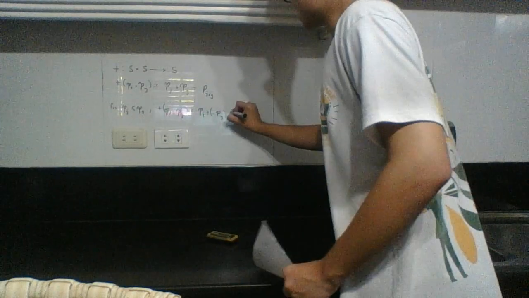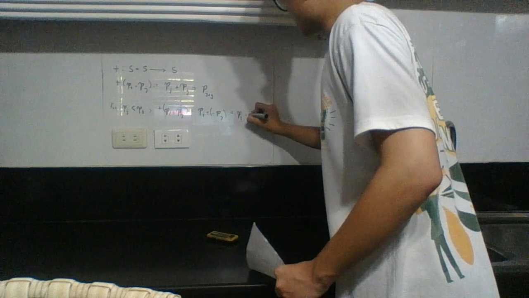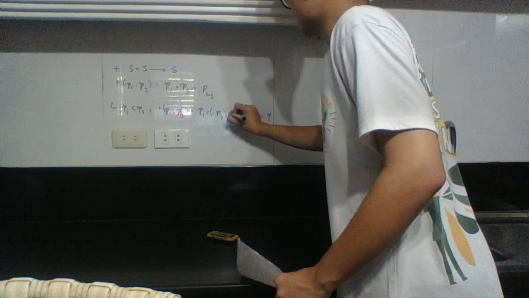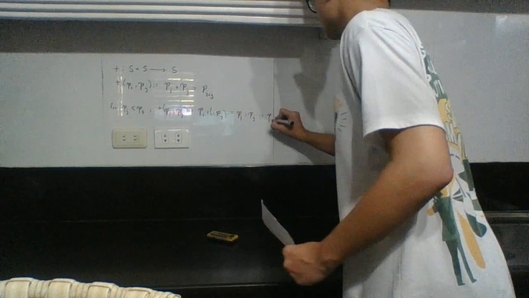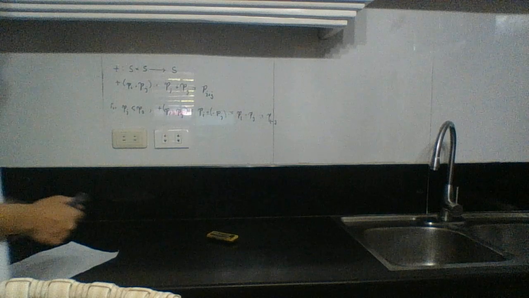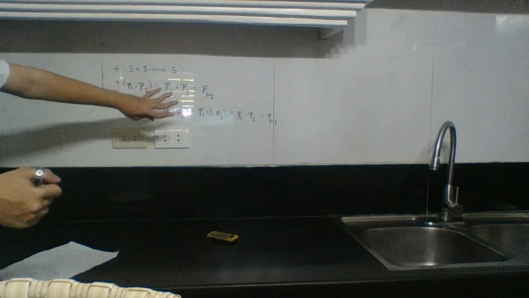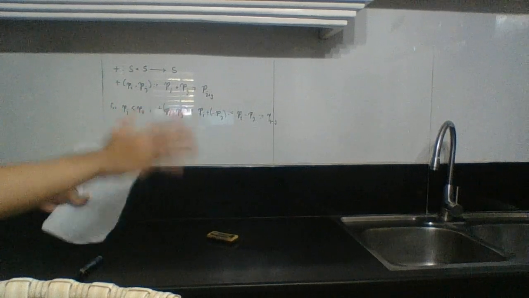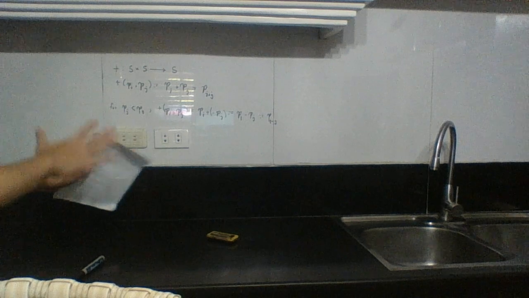Okay. And this gives us p sub i minus p sub j, which is defined to be p sub i minus j. Alright, so these are the crucial relations that need to hold here for the operation. This is how we're going to define it. And we've already done this so many times in the channel. I'm just applying it here.